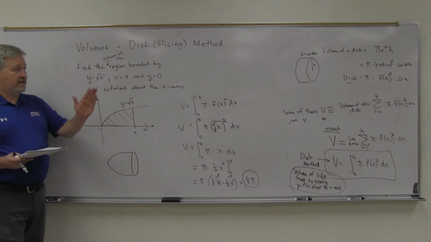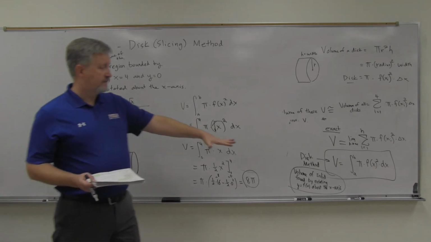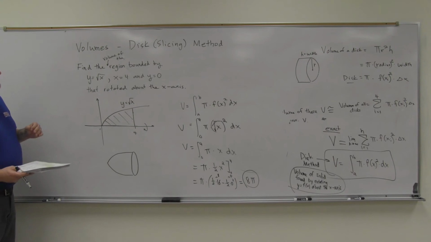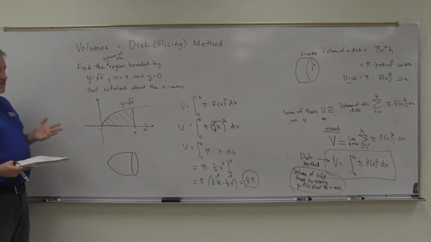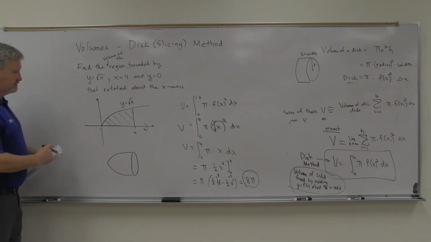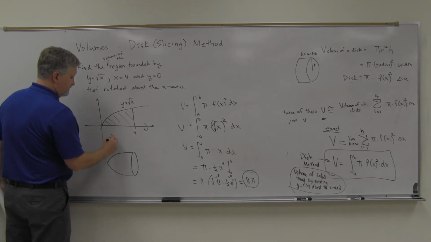Now, one thing I did mention on the formula there will be important later on. It won't tell us which method or which way to integrate this, but the typical rectangles again, let's notice something about this.